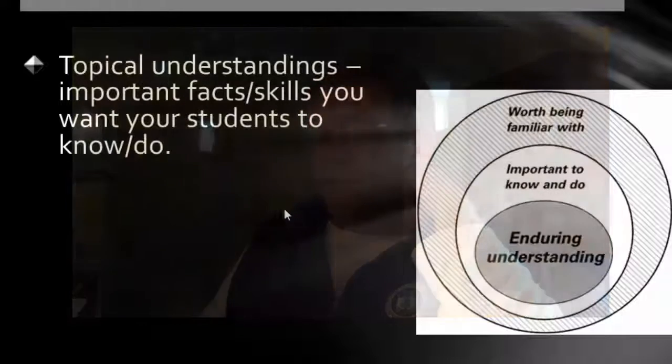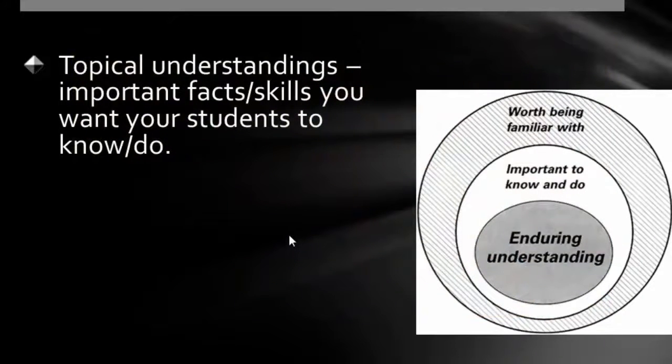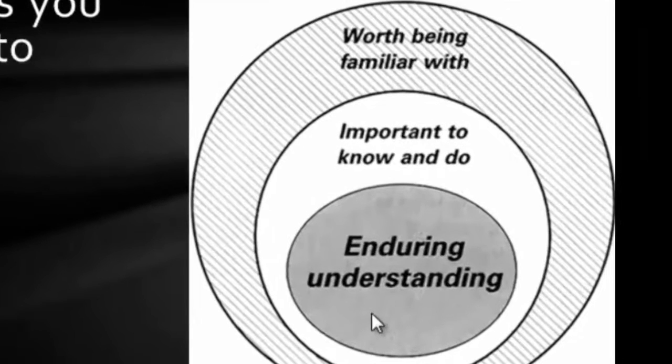All right. The last thing before creating your test that you need to do is create what Chappuis et al. call propositions. Wiggins and McTighe in Backward Design, Understanding by Design, their book, they call them topical understandings. You can see in this graphic here that enduring understandings are big ideas.